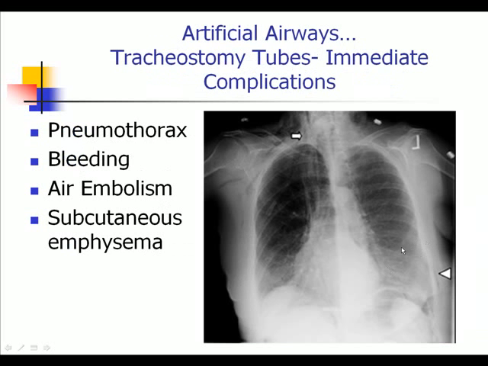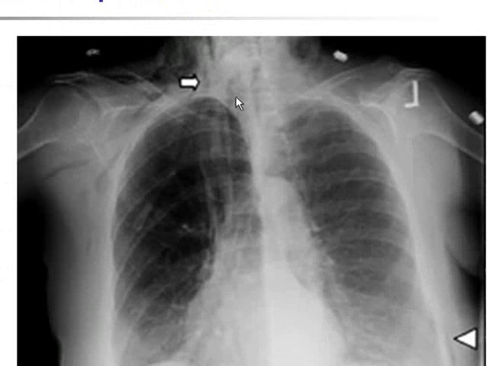Like all artificial airways, you can imagine that you would possibly develop some type of complications in the situation of a tracheostomy. Pneumothorax is a possibility, bleeding around the site, air embolism, and subcutaneous emphysema. This X-ray actually shows subcutaneous emphysema, and one of the ways you can tell is this right lung here is very dark, and whenever you have air either in the lung or the subcutaneous space, it looks black.